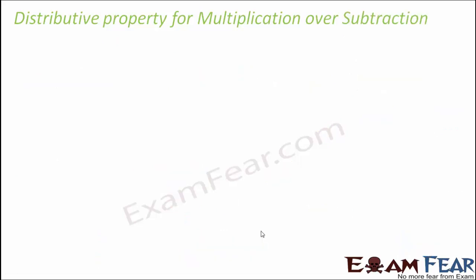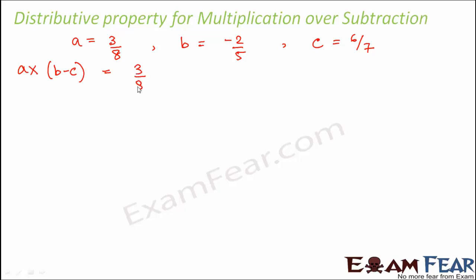Now, in a similar way, we can also prove the same for distributive property of multiplication over subtraction. So for that, again, let us take a is equal to 3 by 8, b is equal to minus 2 by 5 and c is equal to 6 by 7. So here a into b minus c, this can be written as 3 by 8 into minus 2 by 5 minus 6 by 7.